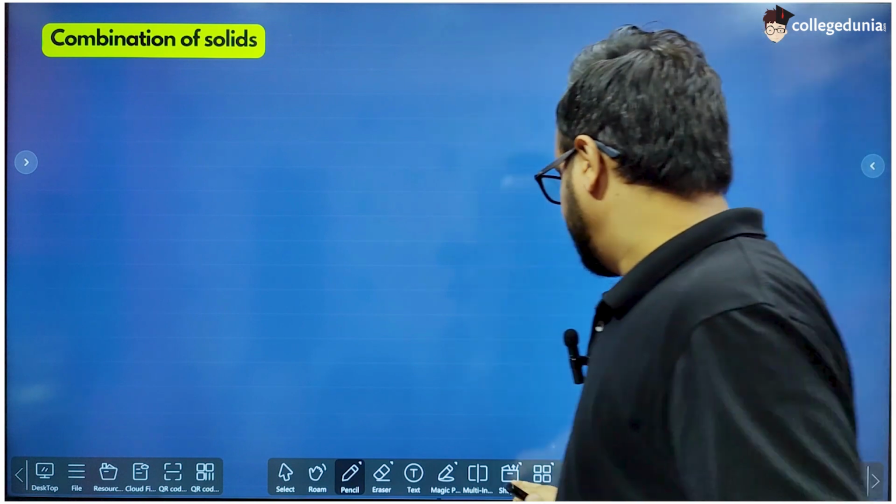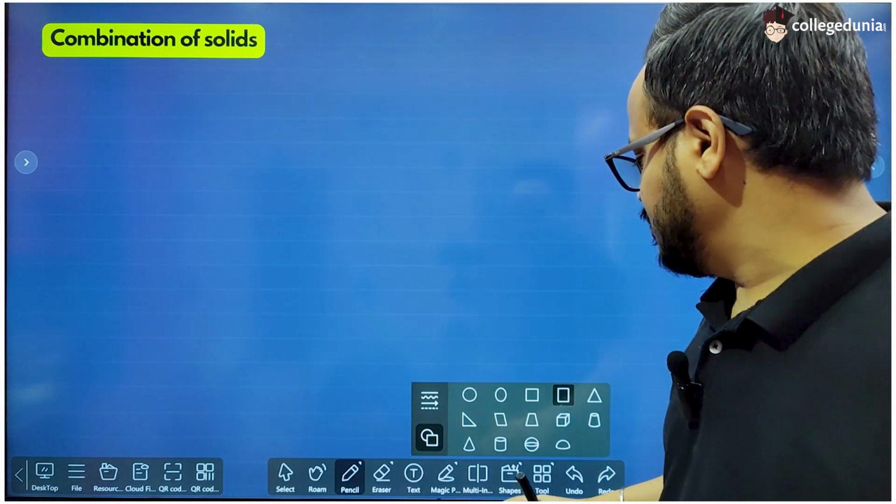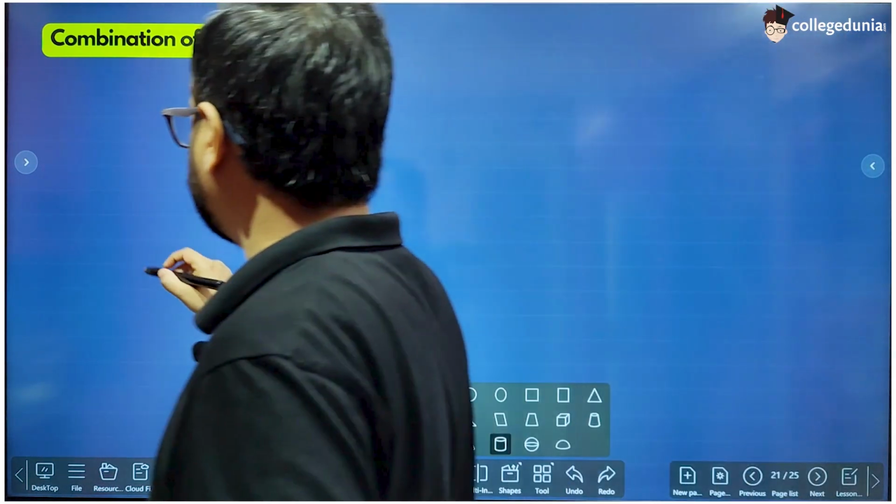Combination of solids. Now you can get questions like this where more than one solid are combined with each other to form a particular shape.